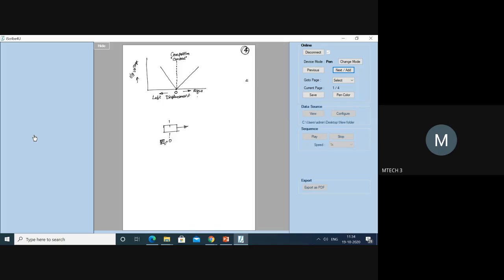Next we'll go with the fluid pressure sensor.